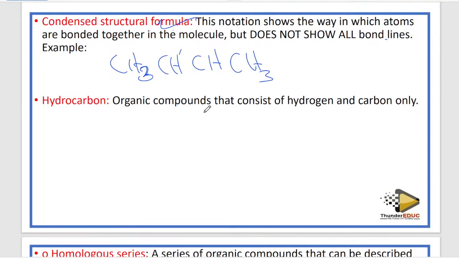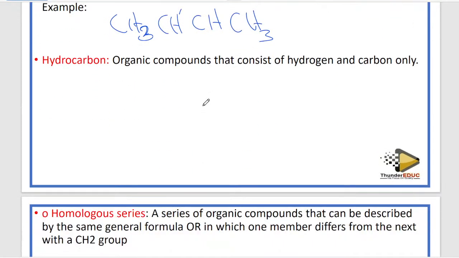Let's go to the next question. Hydrocarbons. What do you mean by hydrocarbons? We talked about it. We said that hydrocarbons are molecules which contain hydrogen and carbon only. When we are setting the exam, we need to see the word only.